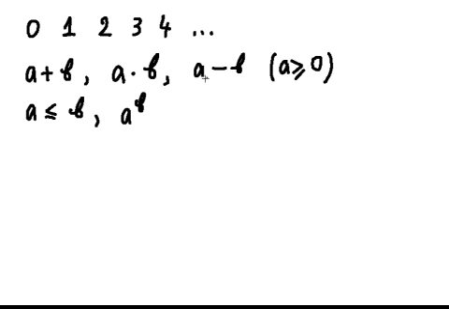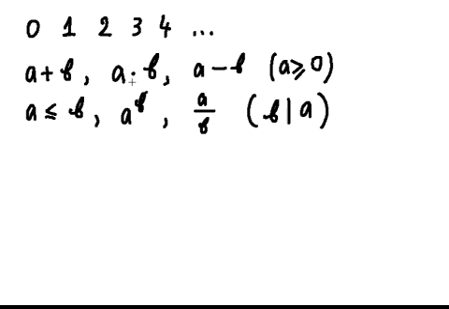Already with subtraction, we've got a certain limitation. We can't always divide. Sometimes we can, when it's divisible, so when b divides a, in other words, when a is divisible by b, then we can divide. Otherwise, the result of the division is going to be a number that's not a natural number.